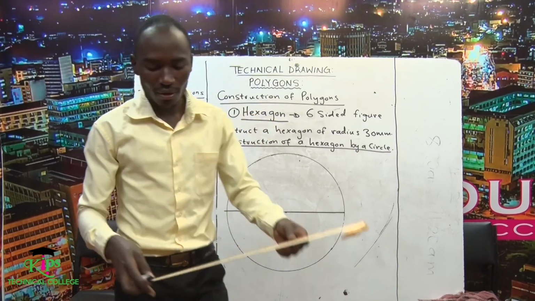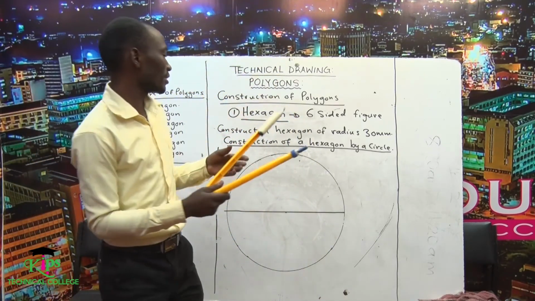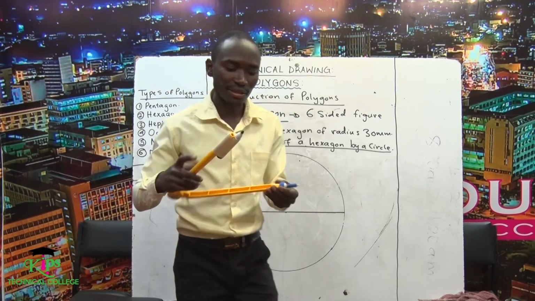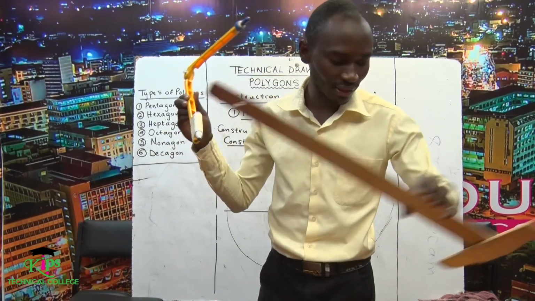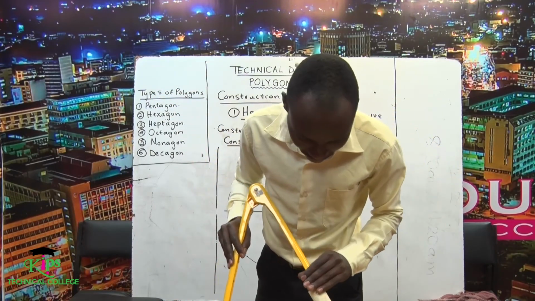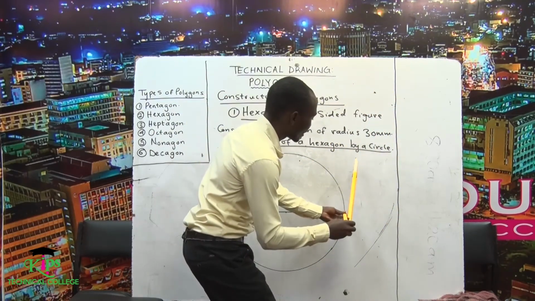Now again, without changing the dimensions of your compass, which is the 30 millimeters, you should stand here.